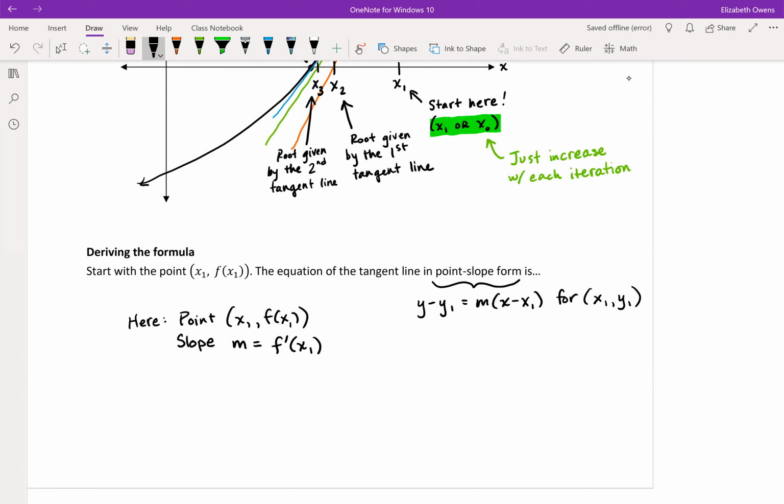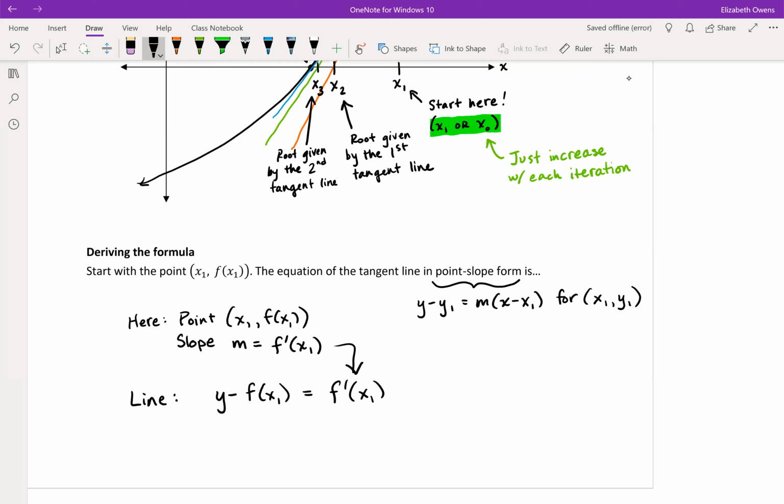Now we can set up the basic equation for our line. We would say y minus y1, that would be our f of x1 value right here. So y minus f of x1 equals m times x minus, oops, we know what m is. Let's put that in. Okay, m is f prime of x1.